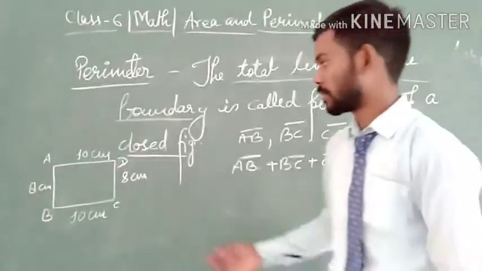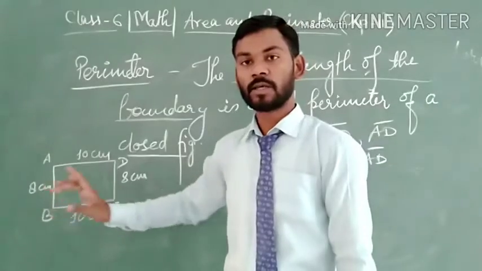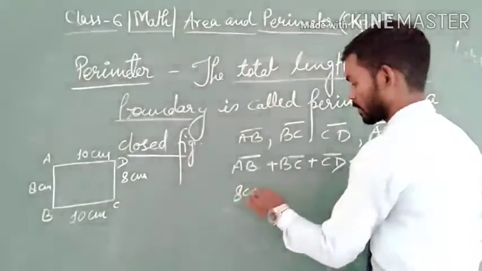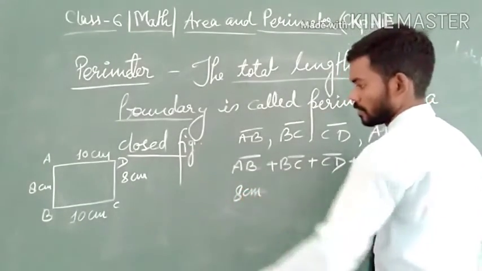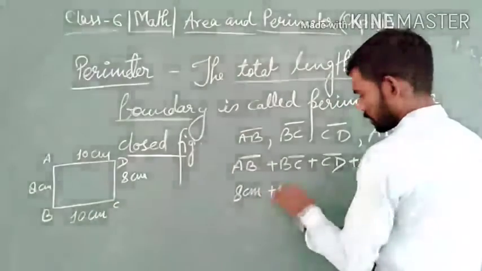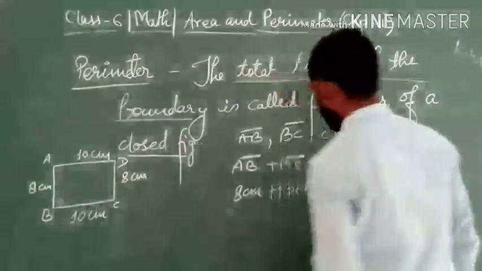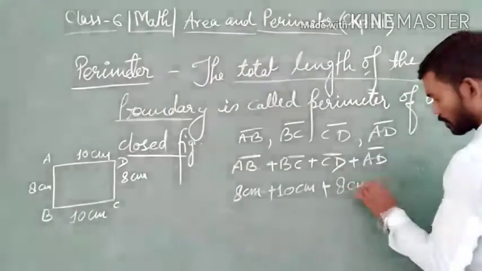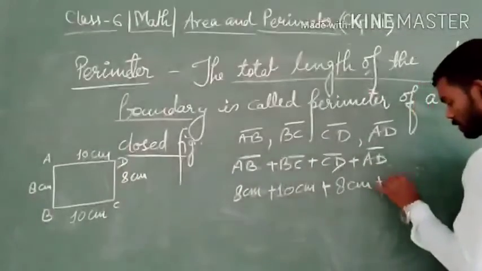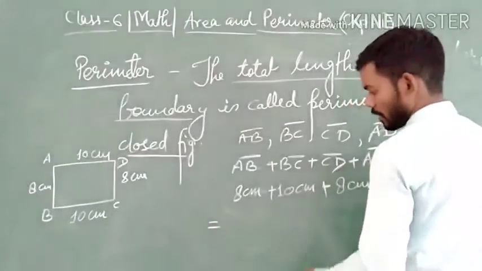Now, from the figure, the length of the line segment AB is 8 centimeter, so we can write 8 centimeter. The length of BC is 10 centimeter. The length of CD is 8 centimeter and the length of AD is 10 centimeter. Okay, so this becomes here.